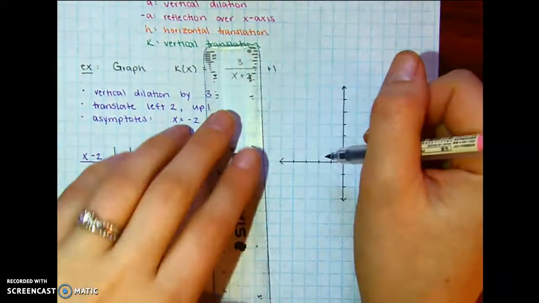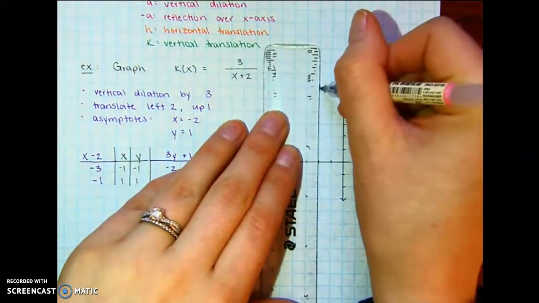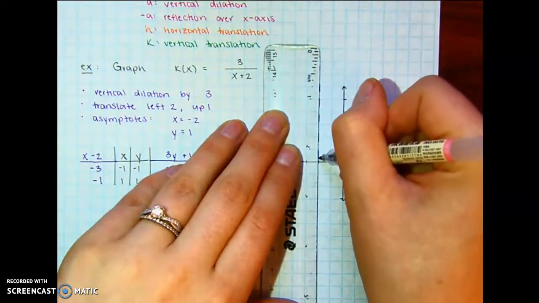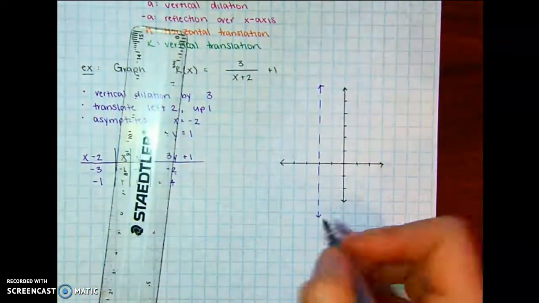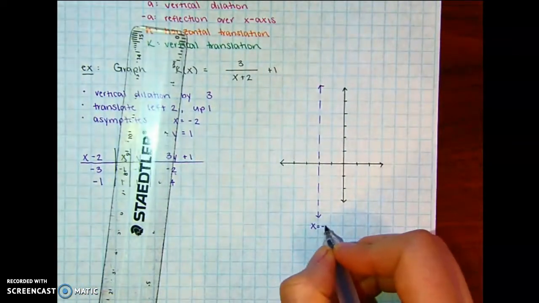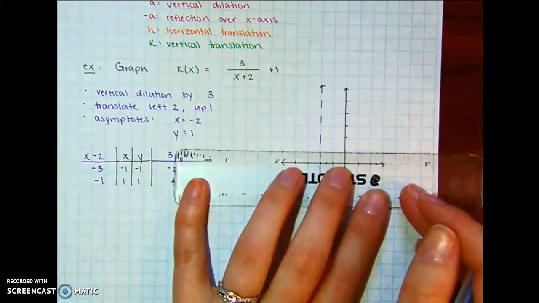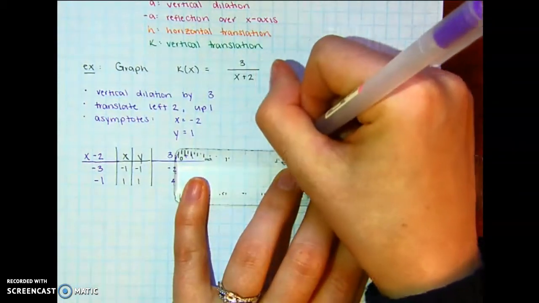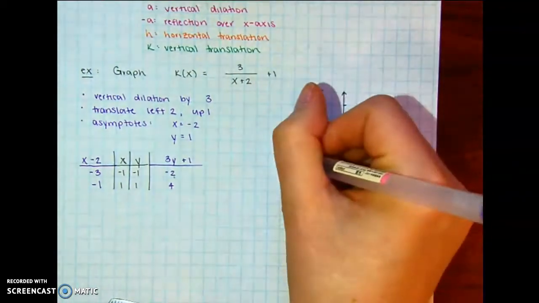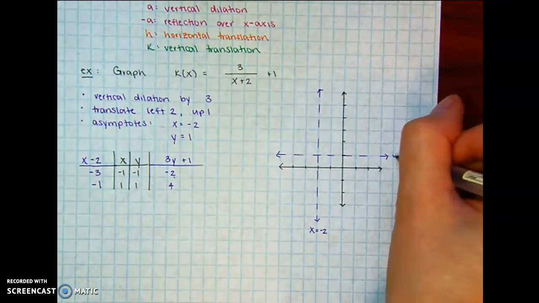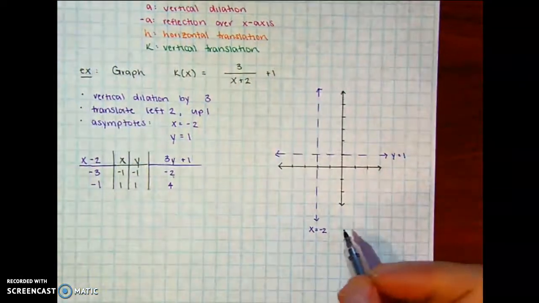So we've got x equals -2 and y equals 1. And I'm going to plot those points.